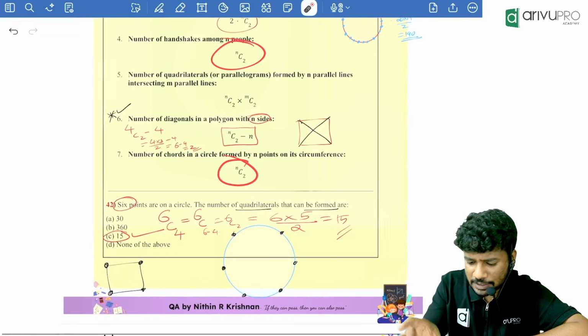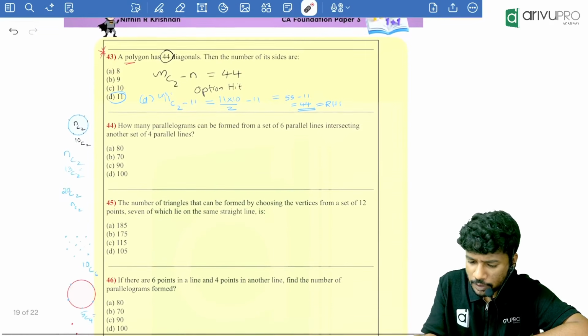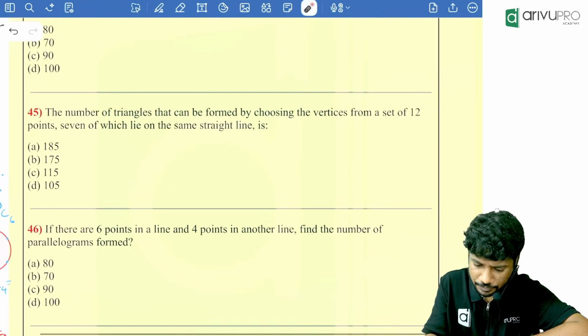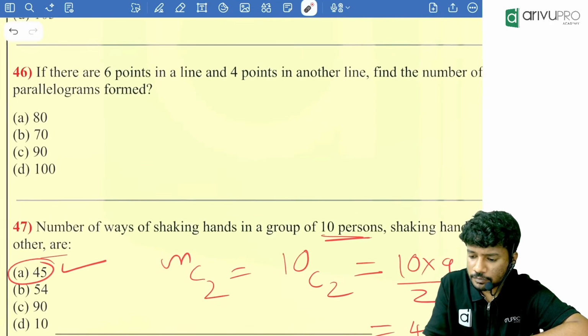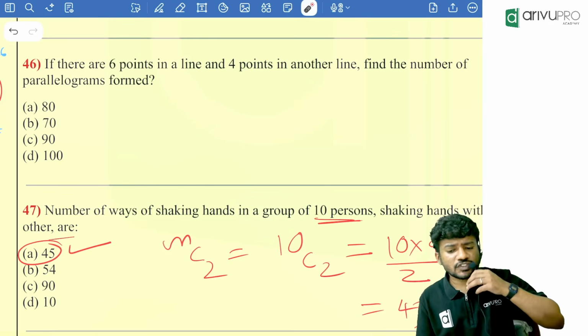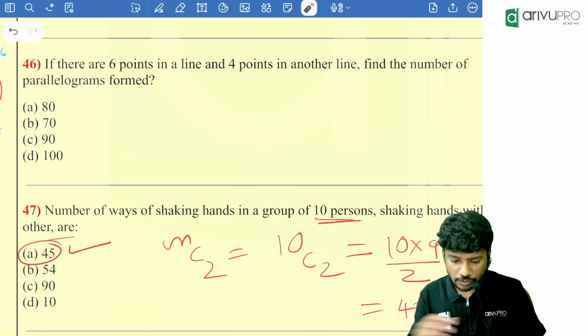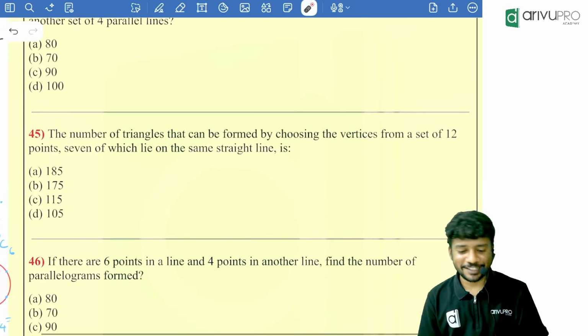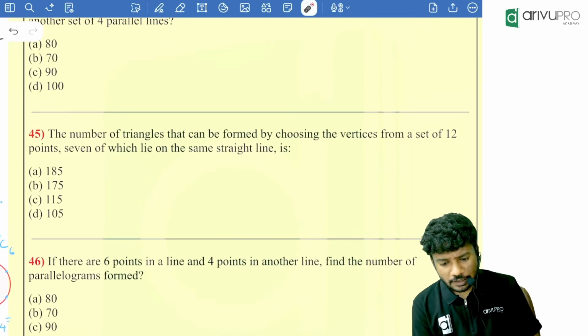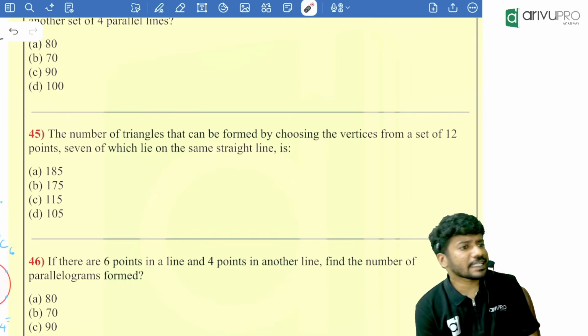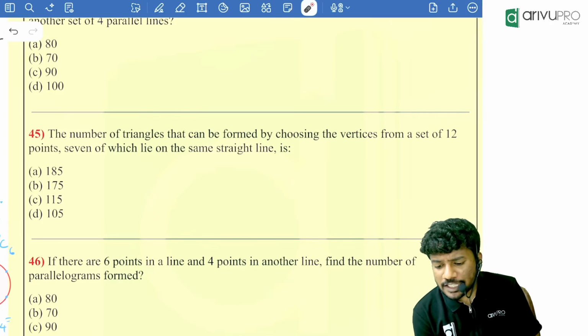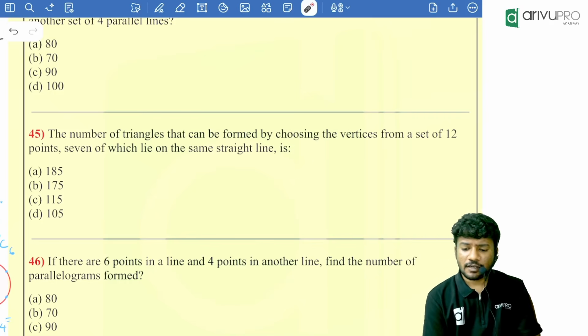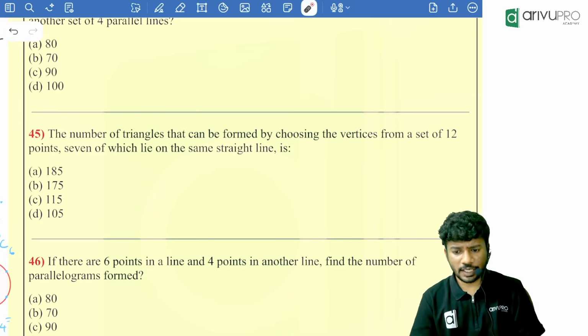Now, the collinear example we are going for. Everyone, have a look at this question. Sorry for that. It asks for the number of triangles that can be formed by choosing the vertices from 12 points. Okay, there are 12 points.